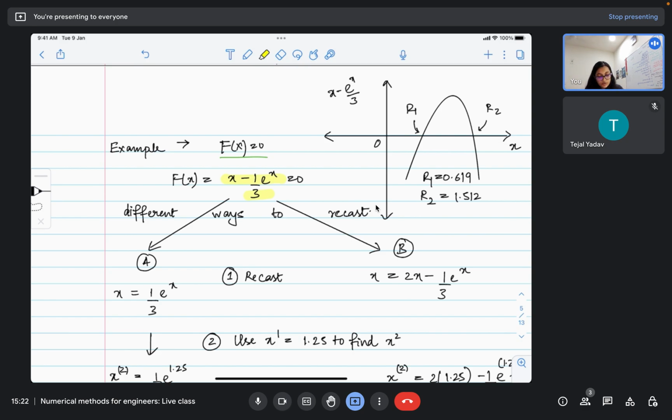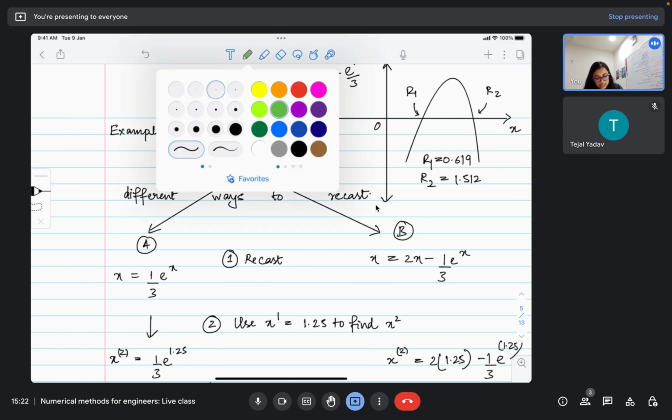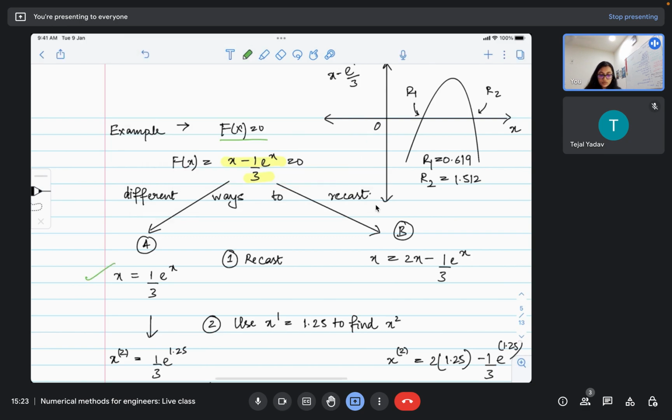Okay, so do you agree that these are the two ways in which it can be recast? This is one, x equal to 1 by 3 e to the power x, you just take it on the right hand side, and the other is you rearrange x in such a way that ultimately you will get back to this. So are you able to understand the ways in which it is recast, type A and type B?